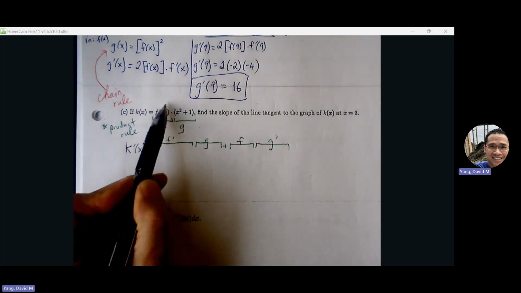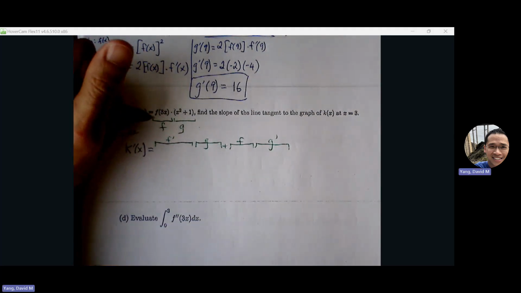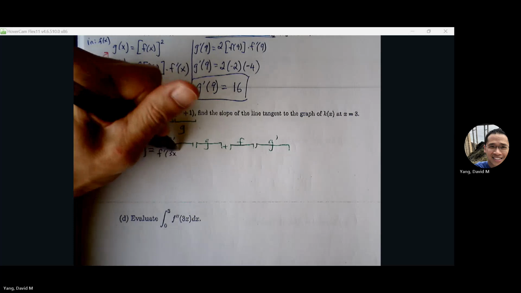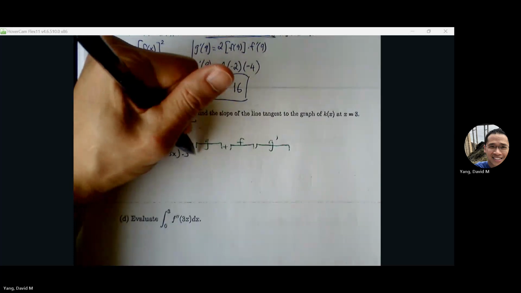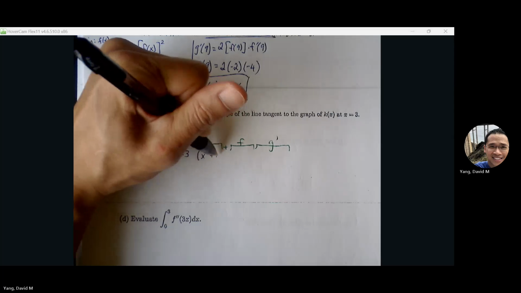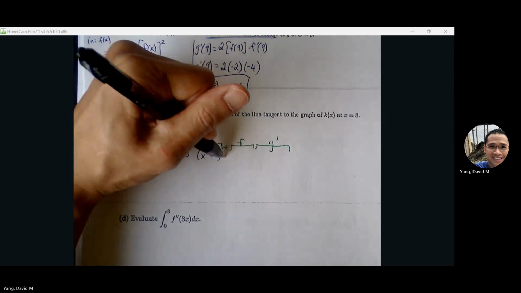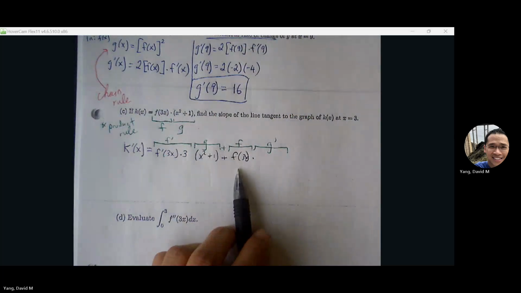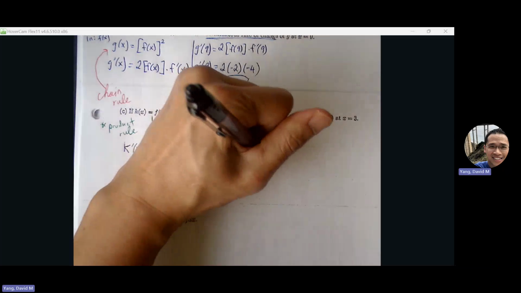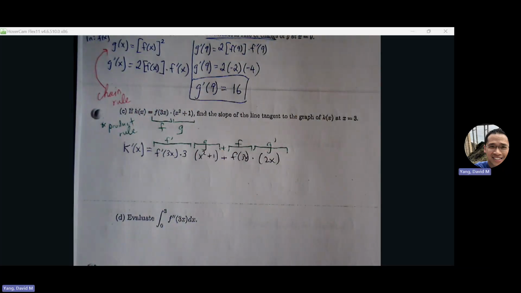Okay, what's f of 3x going to turn into? Yeah, a little bit of chain rule here. f prime of 3x times 3. g stays the same. Back to f. And what's g prime going to be? 2x, yeah, just power rule. Right, that's the hard part.